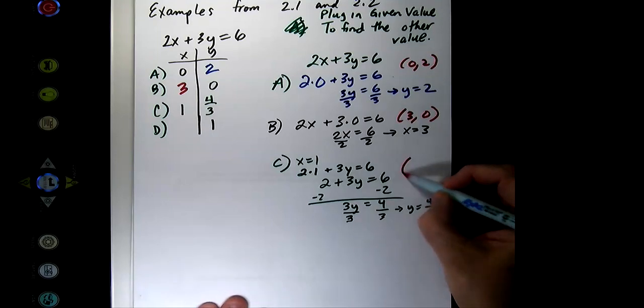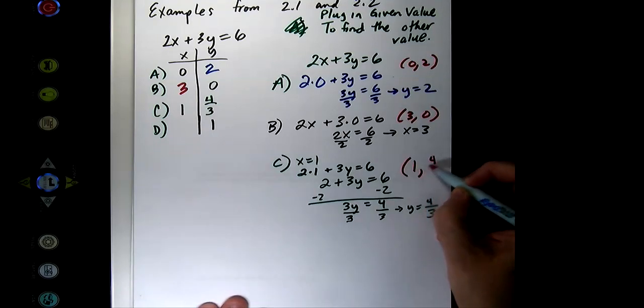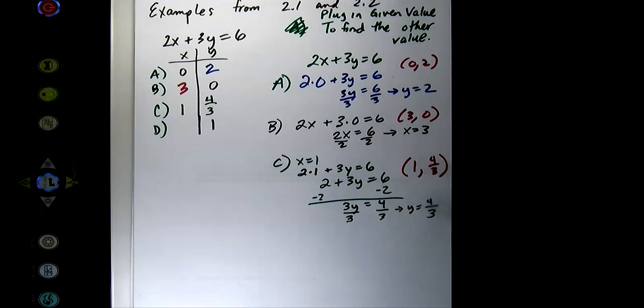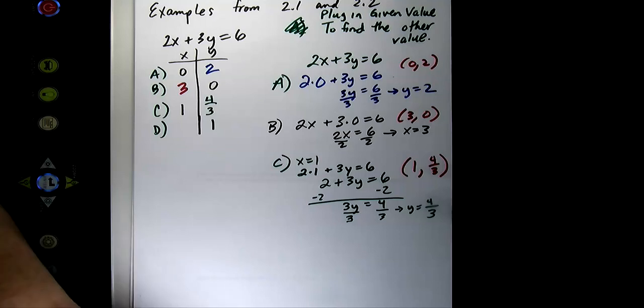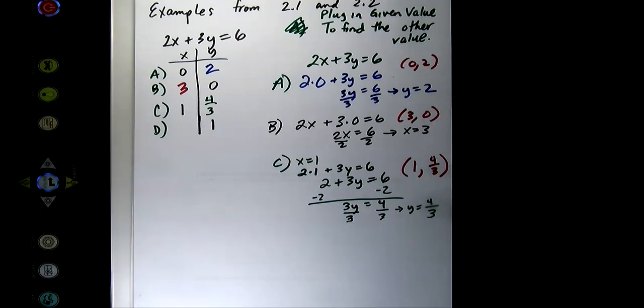So this gives us the ordered pair 1, 4/3. Why don't you guys take a second to do D?